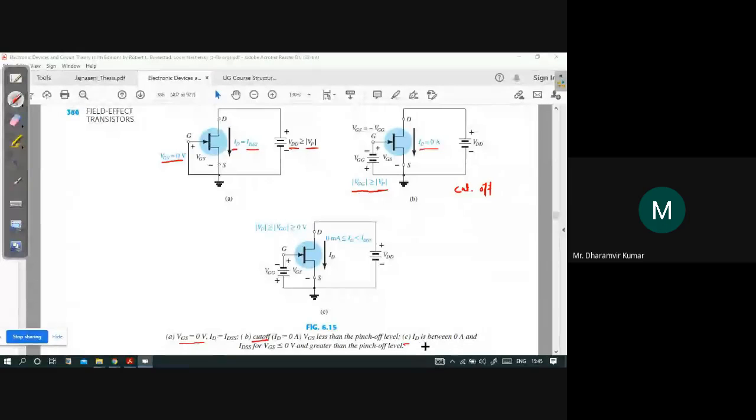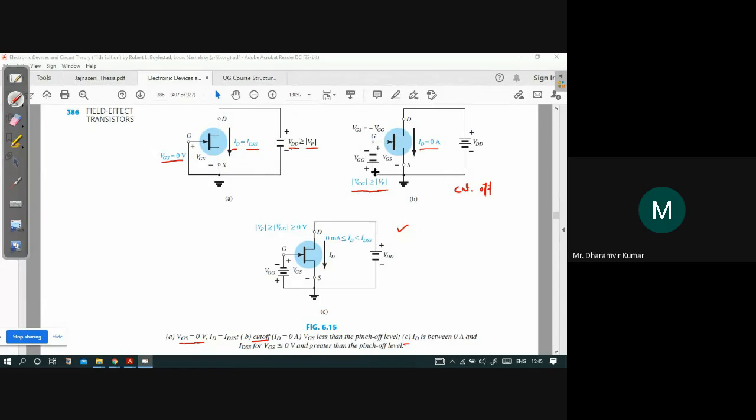ID is between 0 ampere and IDSS for VGS smaller than or equal to 0 volt and greater than the pinch off level. Now this is the operating condition between these two extremes. This is when the device is totally cut off, and this is when the device is conducting the maximum amount of current.